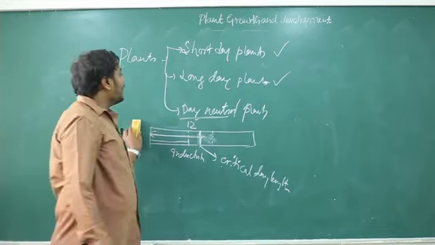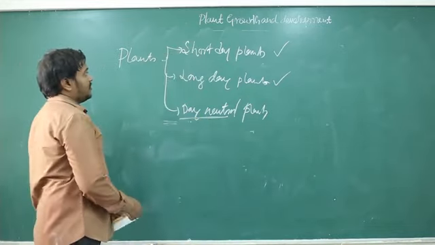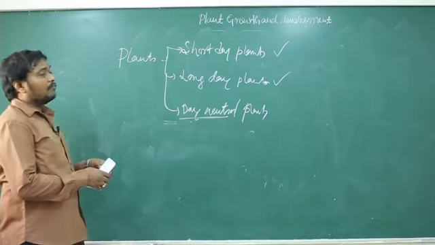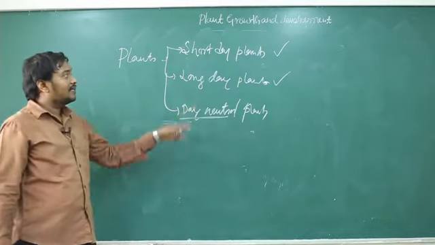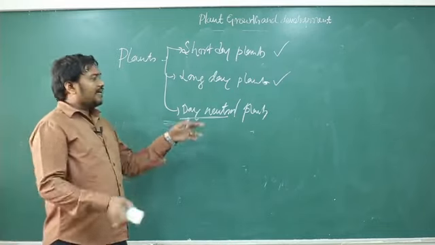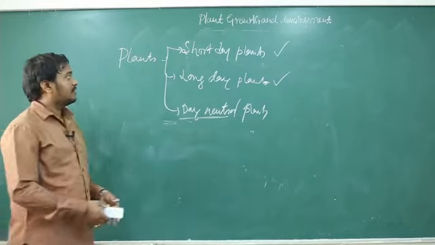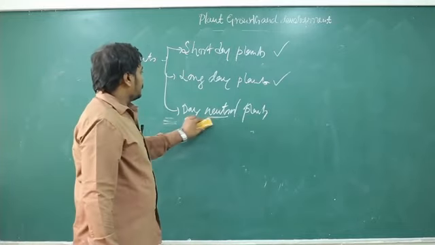Those are called day neutral plants. Okay, so if short day plants are exposed to more light, they are unable to flower. Similarly, long day plants, if they are exposed to very short days, are unable to produce flowers, but day neutral plants can produce flowers throughout the year. Okay, so these are the three groups of plants.